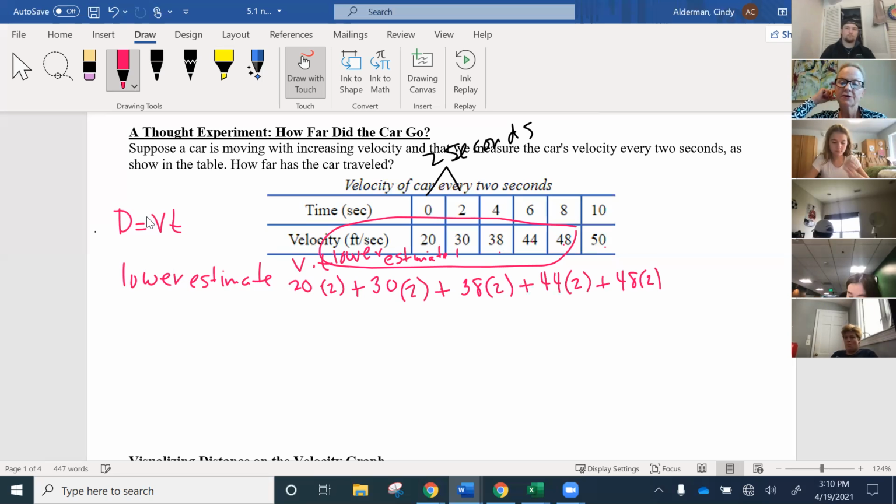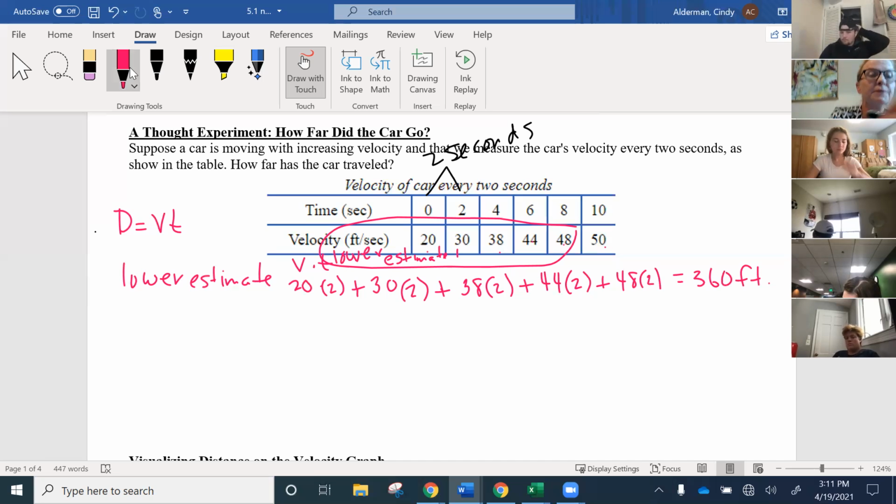And notice, because the speed is increasing, a lower estimate of how far this is going to go would be with the lower velocities, right? So if you add all that up, you're going to get 360 feet. So that's a pretty good estimate. That's not bad, based on just happening to know 1, 2, 3, 4, 5, 6 different velocities, right?